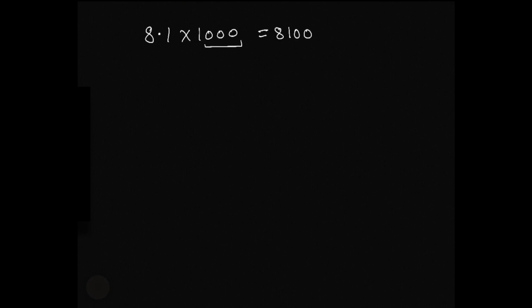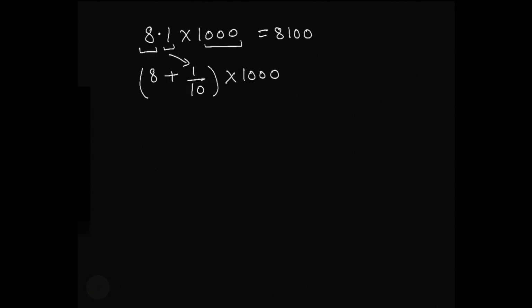So what is the logic behind it? Let's try to understand. Here 8.1 is 8 plus 1 by 10, because 8 is your whole number and 1 is the fractional part. So 1 is 1 by 10, right? And 8 is the whole number. Now this has to be multiplied by 1000.